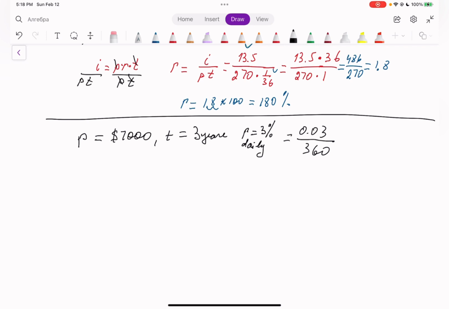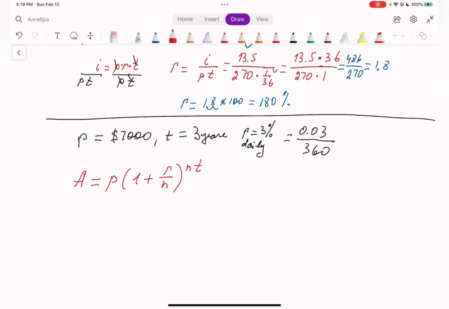Now, the formula for compounded amount: A is equal to principal times (1 plus R over N) to the power NT. So let's write it down, and I will explain as I write.